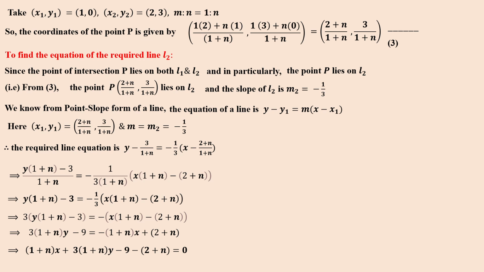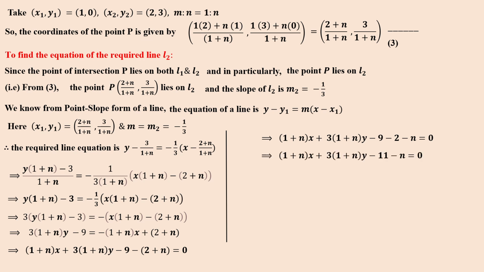So you will get (1 plus n) x plus 3 times (1 plus n) y minus 9 minus (2 plus n) equals 0. That is (1 plus n) x plus 3 (1 plus n) y minus 11 minus n equals 0. That implies (1 plus n) x plus 3 (1 plus n) y equals, taking the constant term to the right hand side, 11 plus n, which is the required equation of the line. Right, thanks.